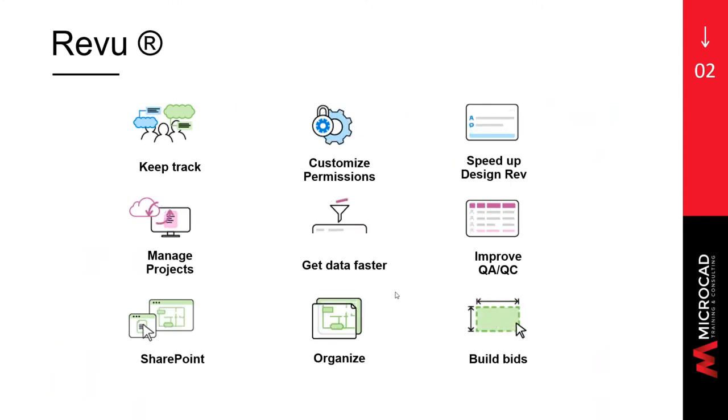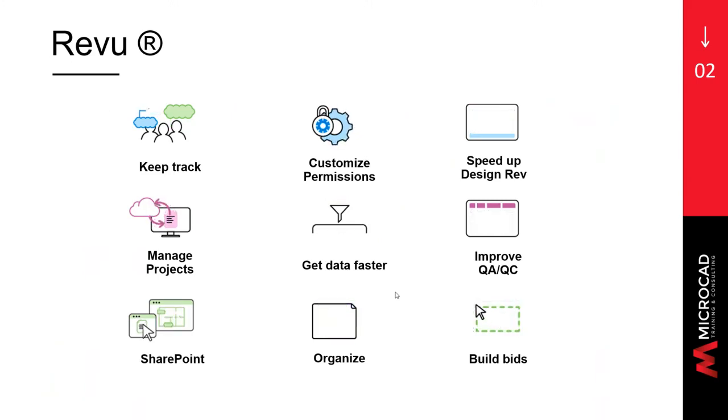So keeping track of documents and comments on a software is still going to be the same with notifications that can be automated for our teammates, customized permissions to protect our documents for those designers, engineers, and architects that have their standard process for design reviews or for quality assurance, quality control.